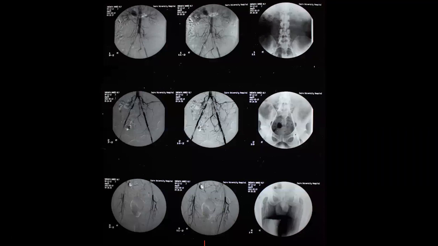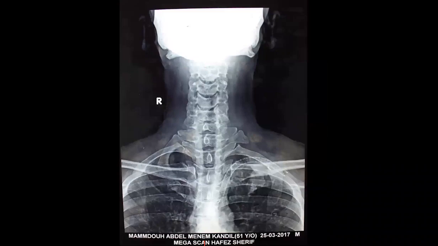Okay, Pradeep, what's going on here? Now we had the plain film. This is the plain film of the neck and upper chest. You don't call it the neck and upper chest.